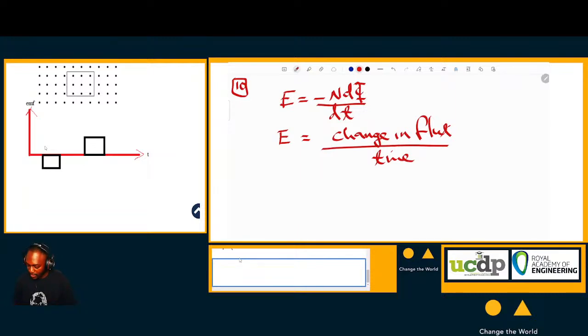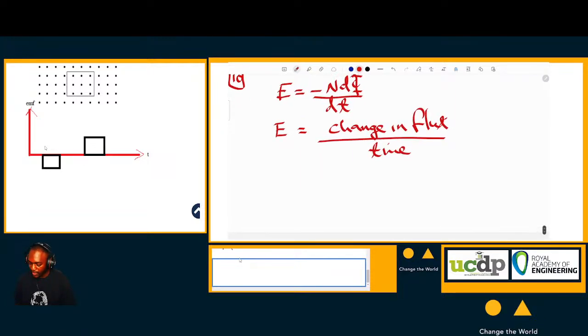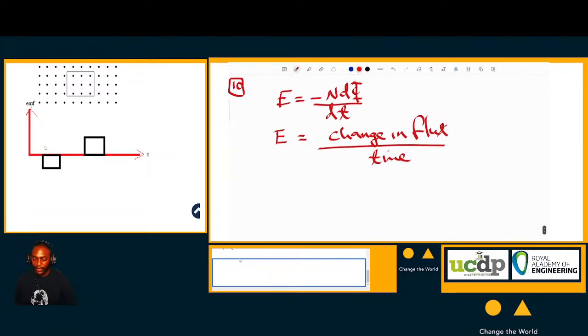That is essentially what that equation says. Which means that whenever flux is changing, an EMF will be induced. Okay? Whenever flux is changing, EMF is induced. Then this is a sketch that we are given.